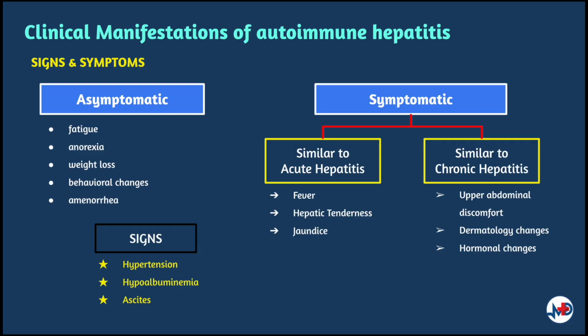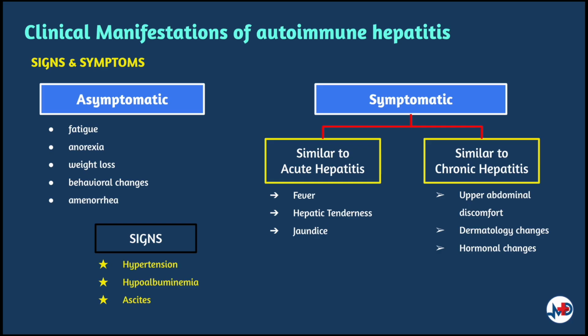Clinical features of autoimmune hepatitis widely vary. Most cases have an insidious onset. Patients may be asymptomatic or have non-specific symptoms such as fatigue, anorexia, weight loss, behavioral changes, and amenorrhea. Autoimmune hepatitis may present as acute hepatitis, chronic hepatitis, or well-established cirrhosis.